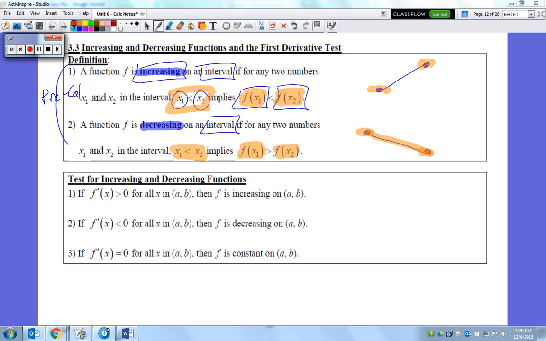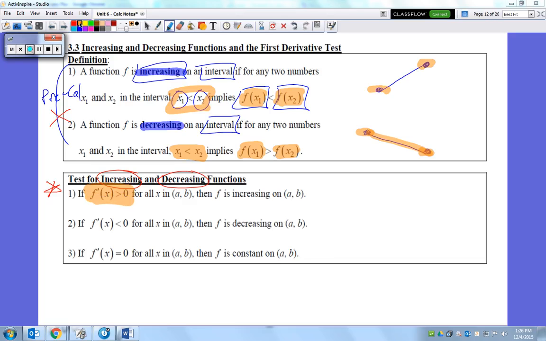Now, what I want you to do with this is throw that out the window because you're not going to use that justification in calc. You're going to use a more sophisticated justification as far as when a function is increasing or decreasing. It's all about something you've been doing for the whole year now, the derivative.